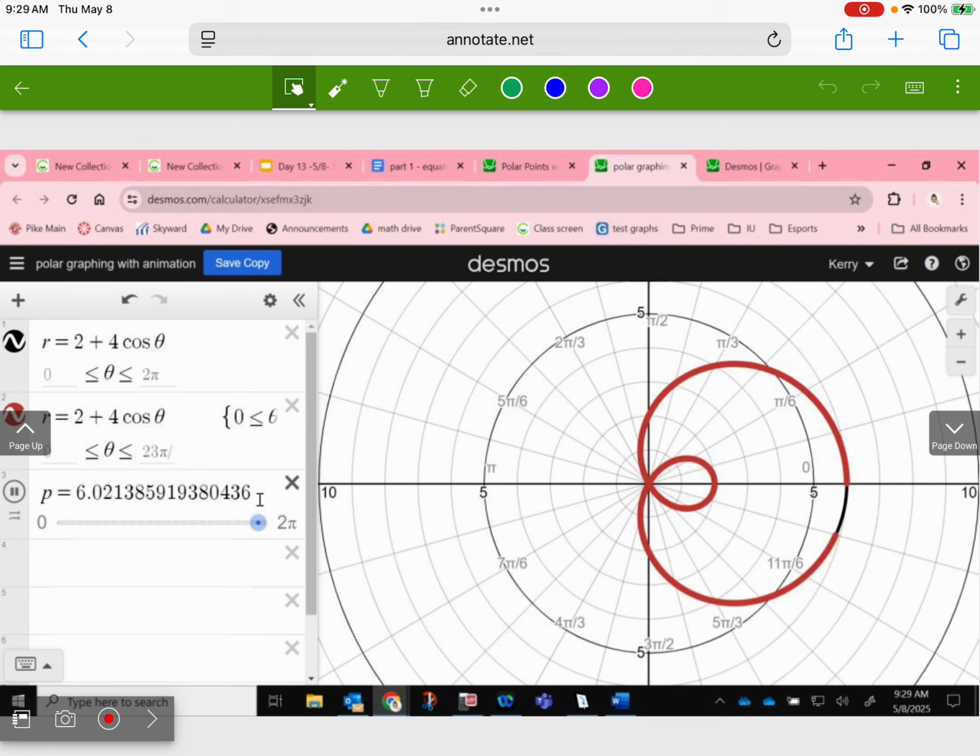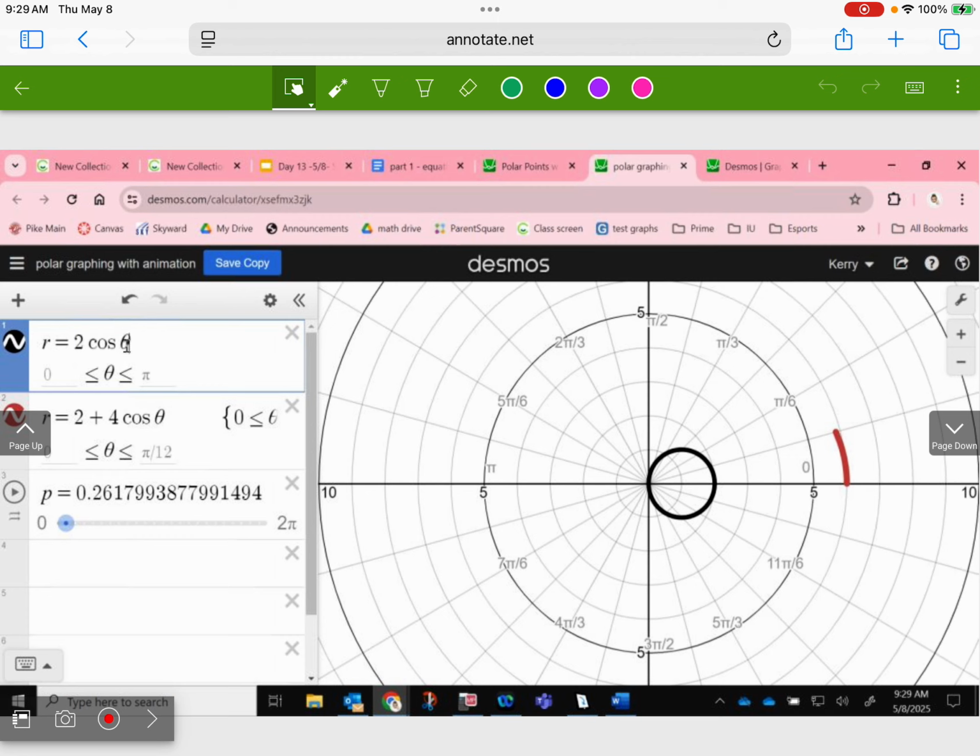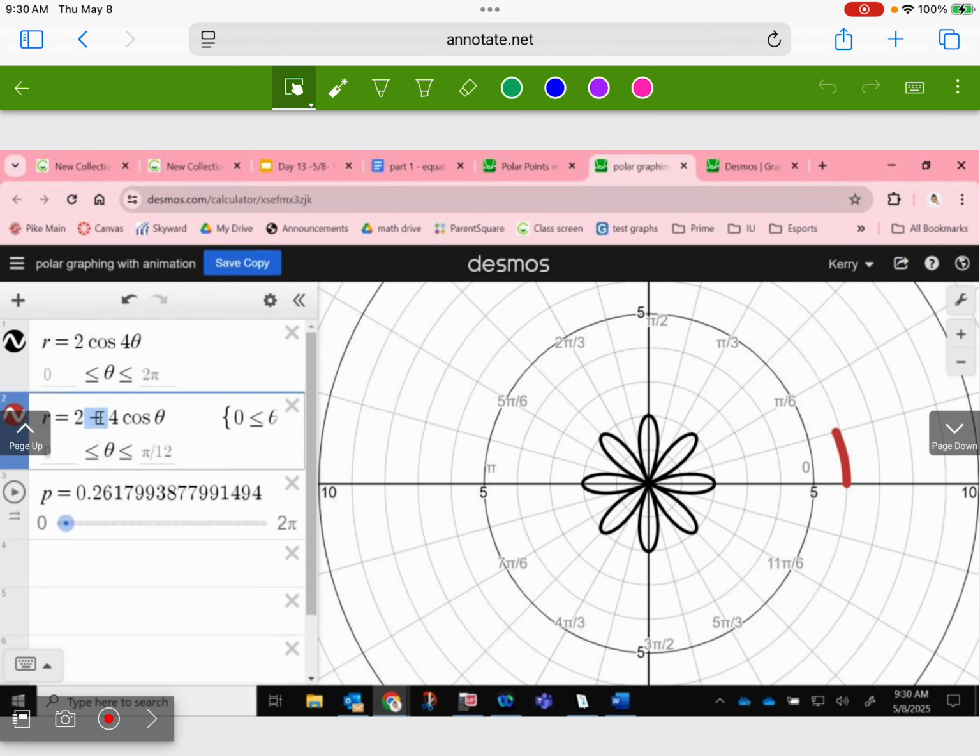And we can do that with flowers as well, with the roses. And I'm going to switch this to be a rose real quick. So if we did 2 cosine with, let's do a lot of petals. So we know if it has an n of 4, we've got even, and so it should have 8 petals.